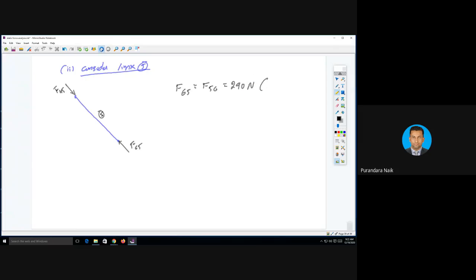F56 is towards right, but F65 will be towards left. Next, F45 is equal and opposite to F65, so 290, but towards right. That's all. Link number 5.